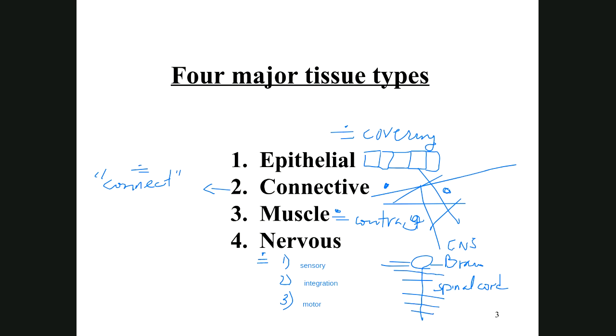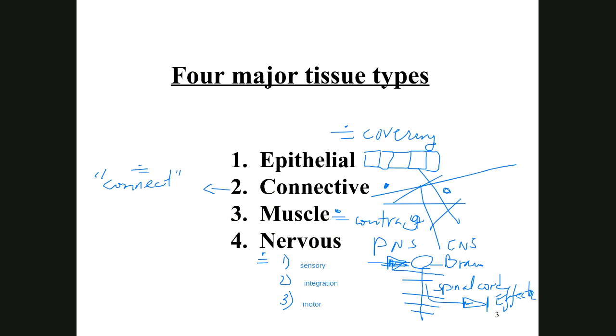Okay, and PNS is periphery. If it's bringing the information in, we call it the sensory division. If it brings the motor out, it's known as the motor division. And this usually activates the effector. And the effector here could be, say, the skeletal muscle to contract, or the heart to pump faster, and so forth. Okay.